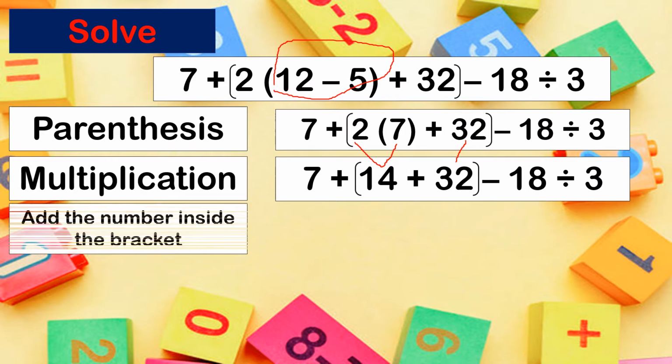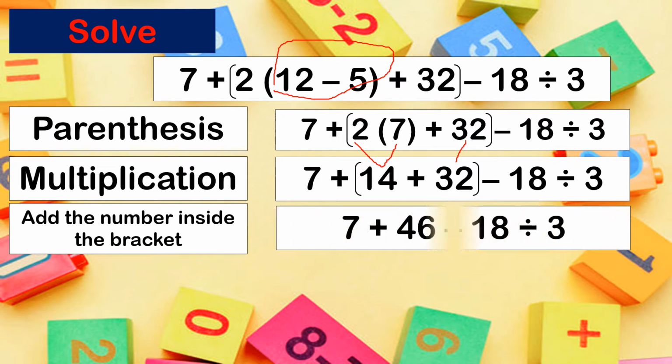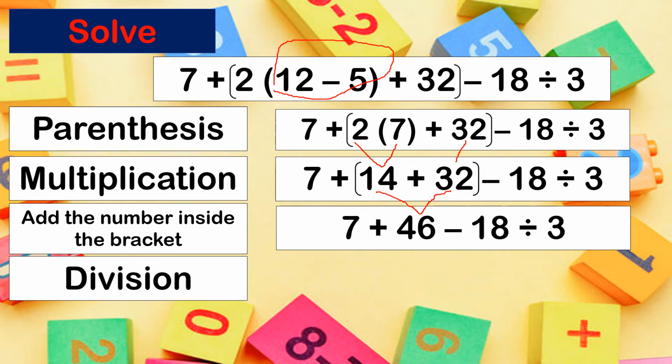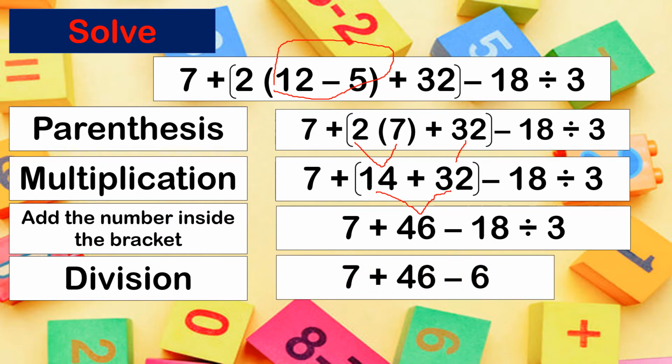Next, add the numbers inside the bracket. So 7 plus 14 plus 32 equals 46, minus 18 divided by 3. And next, perform the division. Divide 18 by 3.